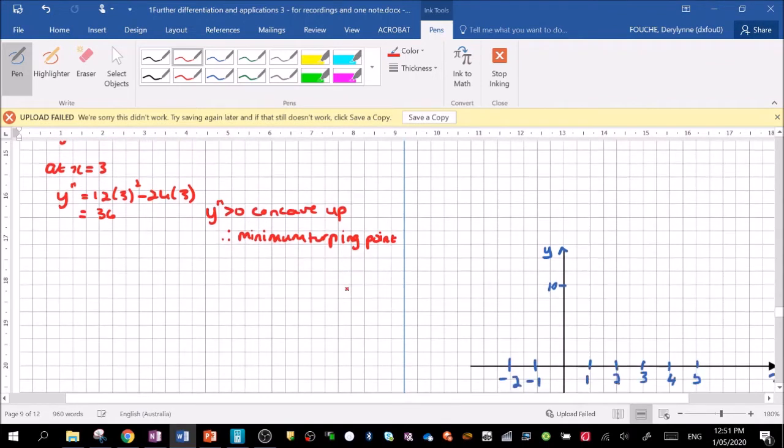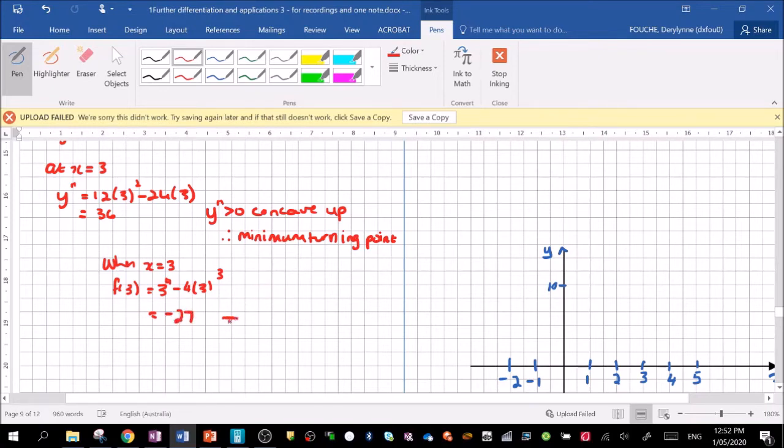So let me just fix that in. Remember, I've only got an x value. So when x equals 3, our original function f of 3 is equal to 3 to the 4 minus 4 times 3 cubed, and that gives me negative 27.